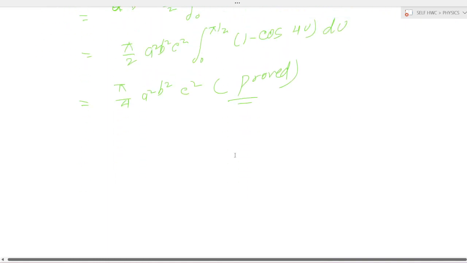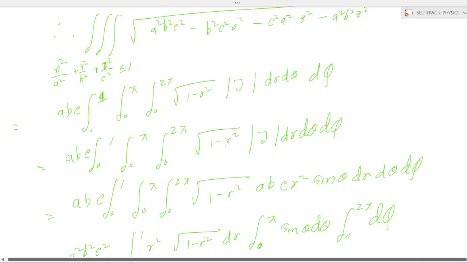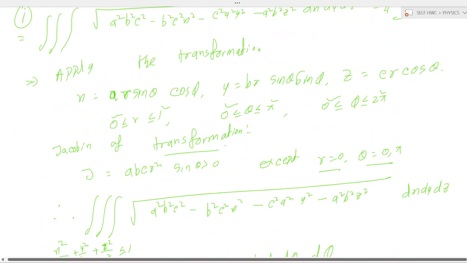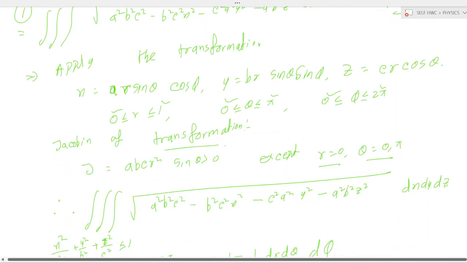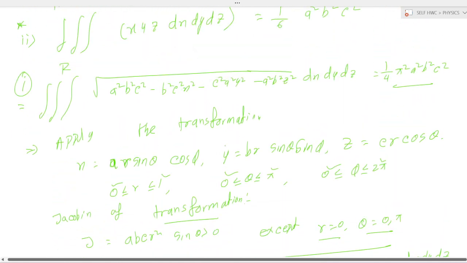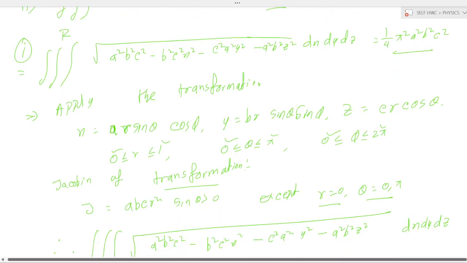Next question, question number 2. This question is: triple integration of xyz dx dy dz is equal to 1 by 6 a square b square c square. How to prove this problem?